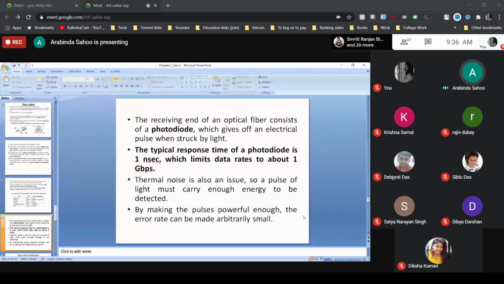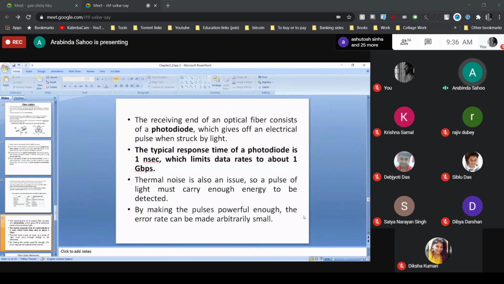Suppose a photodiode is developed whose response time is reduced to 0.5 nanosecond. In this case, we can use a data rate up to 2 Gbps.